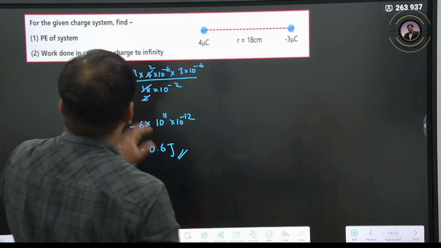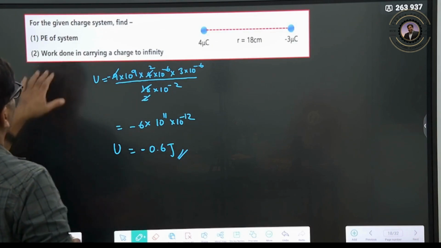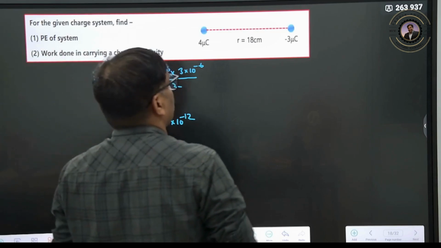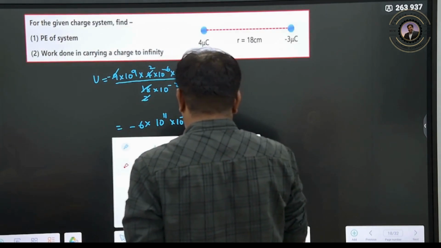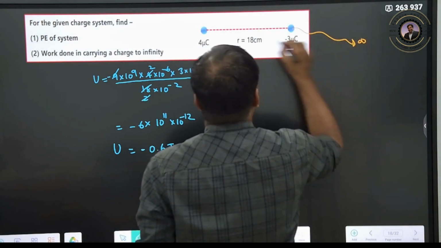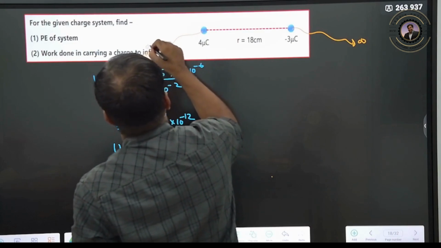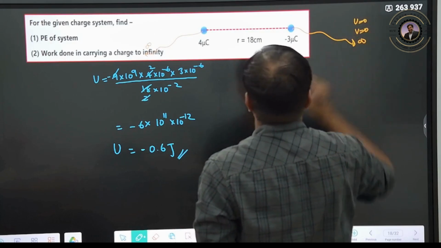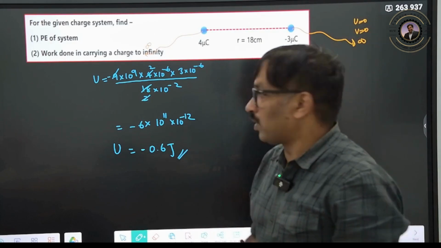Now, work done in carrying a charge to infinity. That means what should I do? I should take these charges to infinity, where potential was 0, therefore potential energy will also be 0.